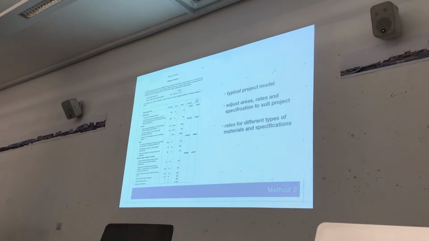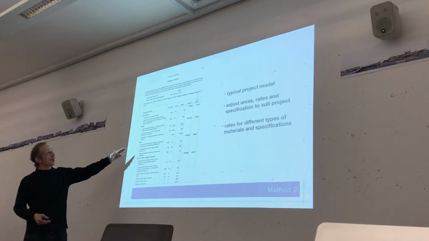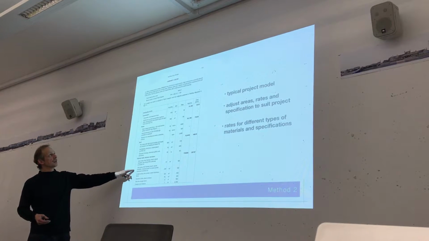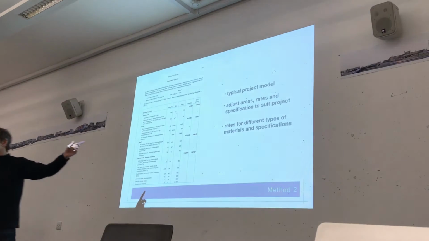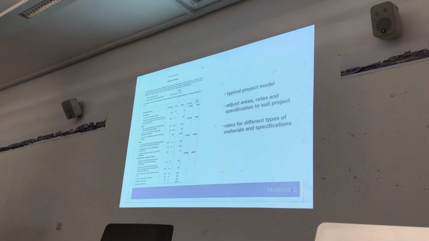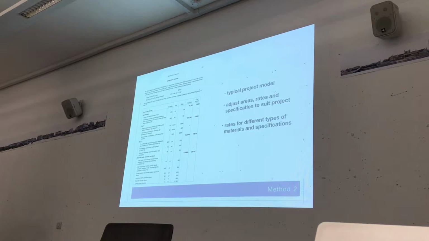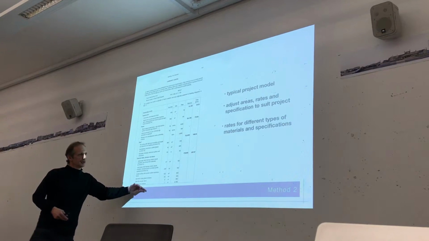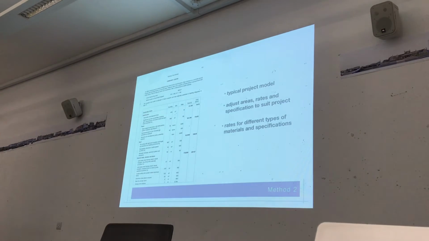So then using that SPONS book again, when you go further into the document, there's what we call building cost models. So in the same way as the cost per square metre had typologies of building, this is the same. As a quick way of trying to build up a more analytical method of cost, you can use these cost models because it's got a lot of typical things in that are common to that type of building.